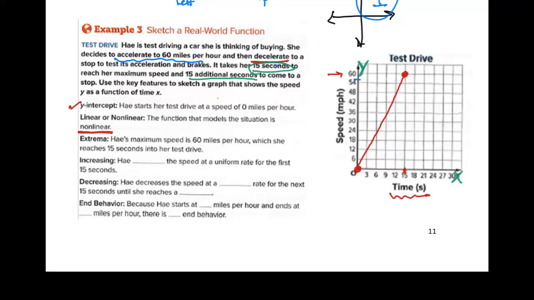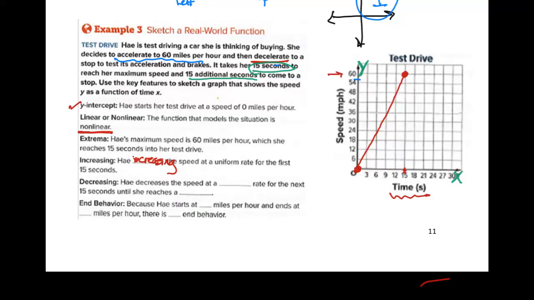Well, what is she doing with that speed if she started at a stop? She wasn't moving, she is, well, not decelerating, she's increasing the speed for this part right here. So this is increasing. She is increasing the speed at a uniform rate. So that's why that part of the graph is a line. It's a line segment, to be technical.